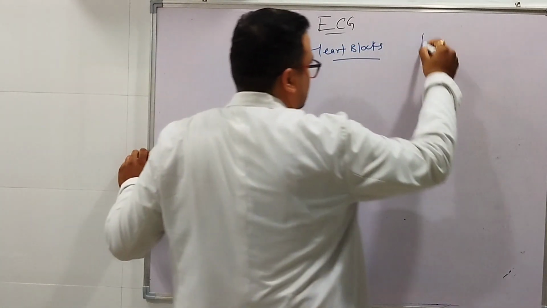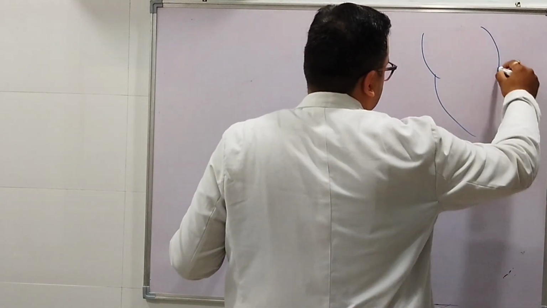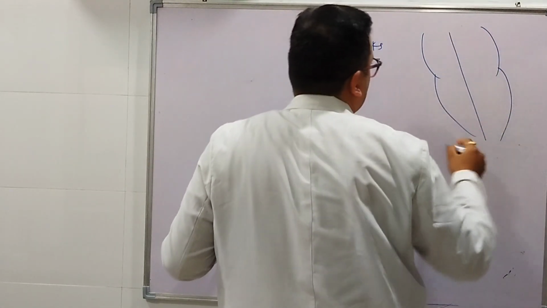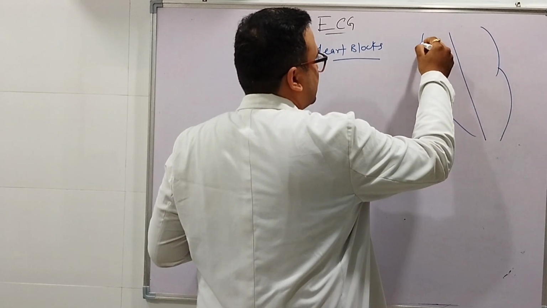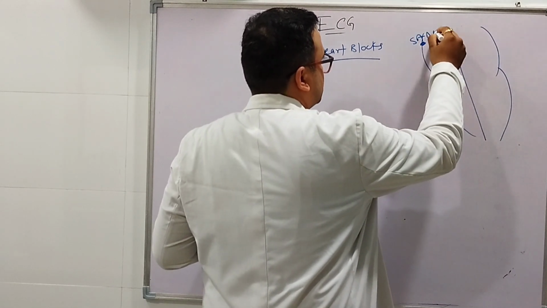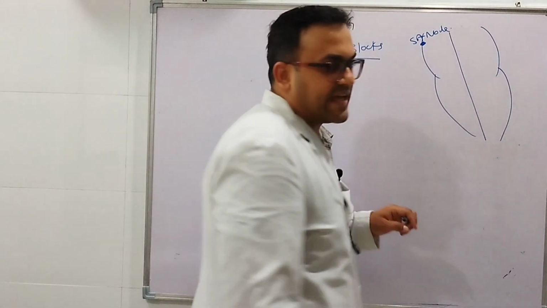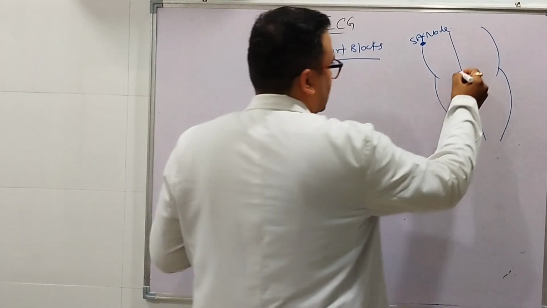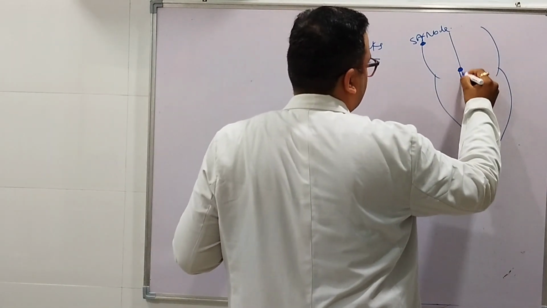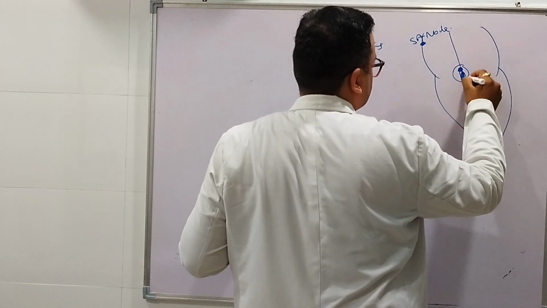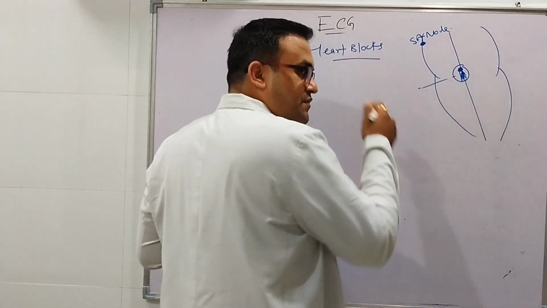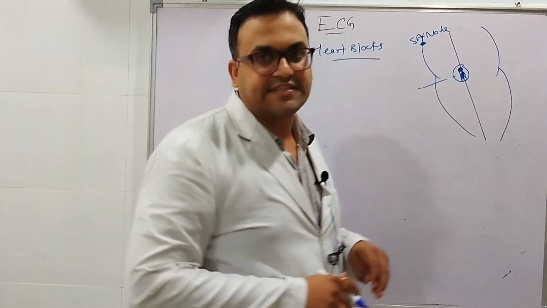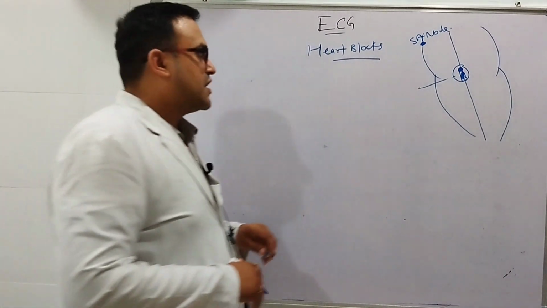Heart blocks can occur at various levels. It can occur at the SA node; we call it SA nodal exit block. It can occur in the AV node and bundle of His; we will call them first degree, second degree, third degree heart blocks.